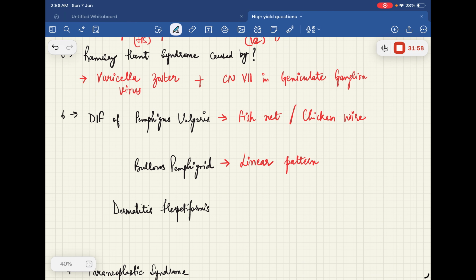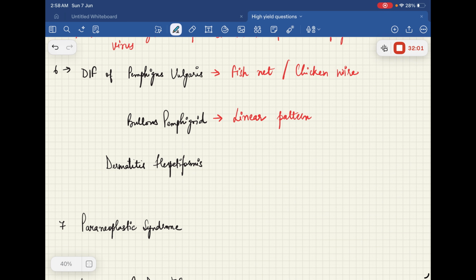In dermatitis herpetiformis, remember there is a deposition of IgA in this pathology. So here granular IgA at tips of dermal papilla is seen. Remember this, granular IgA at tips of dermal papilla.